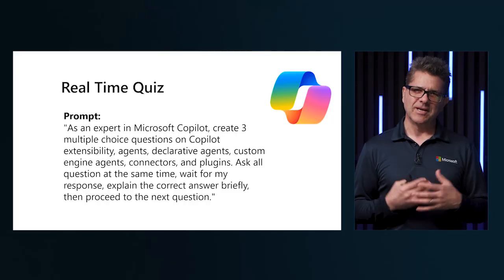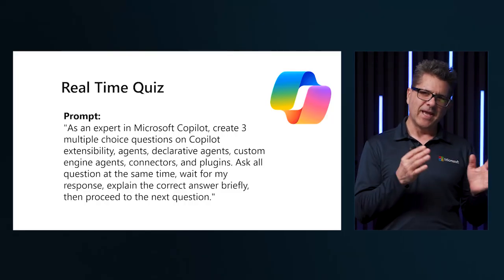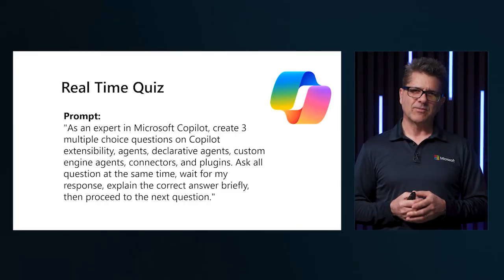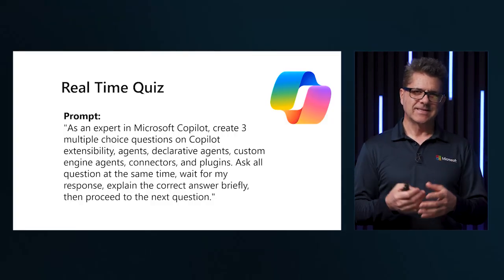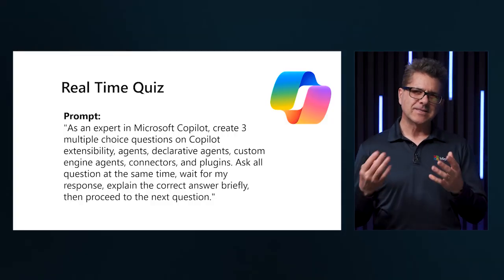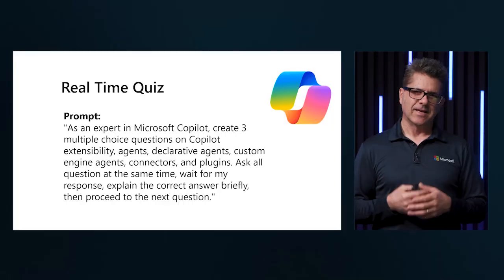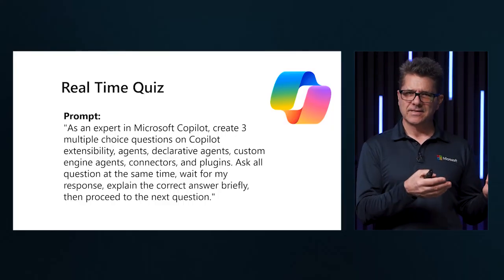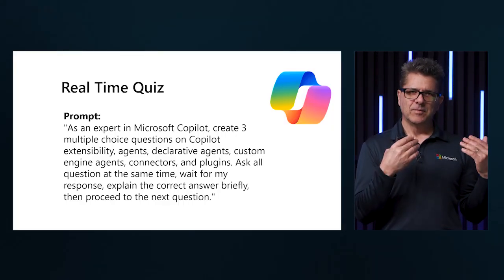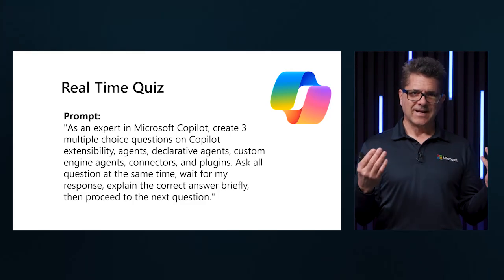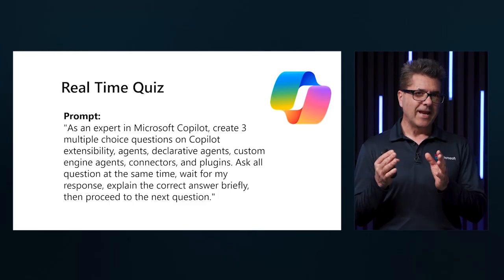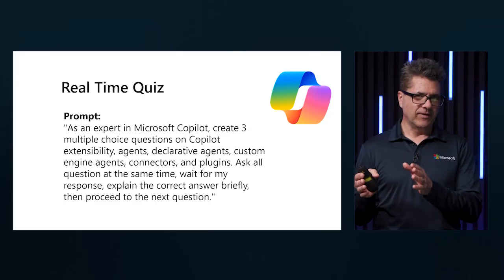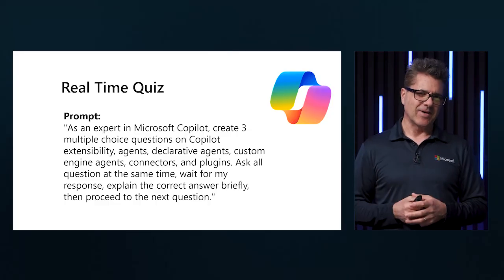The prompt is: As an expert in Microsoft Copilot, create 3 multiple-choice questions on Copilot extensibility, agents, declarative agents, custom engine agents, connectors, and plugins. Ask me all questions at the same time, wait for my response, explain the correct answer briefly, and then ask the next question.